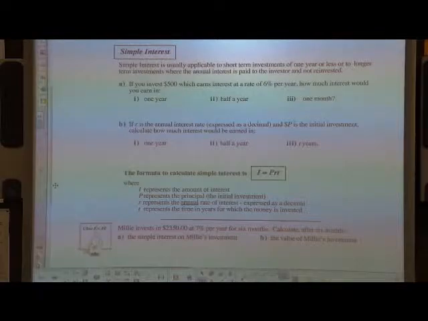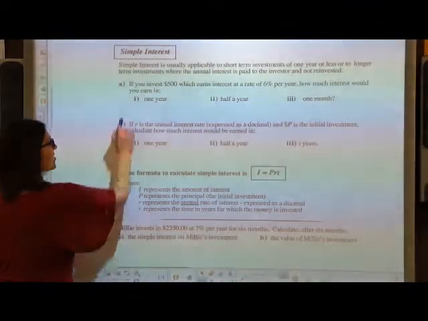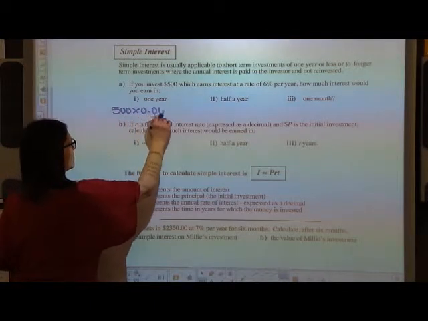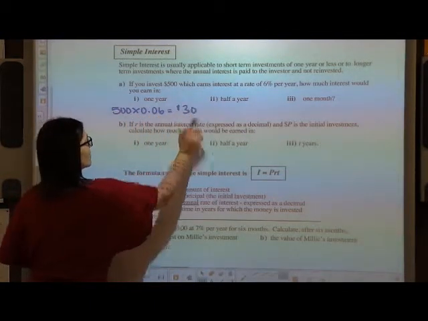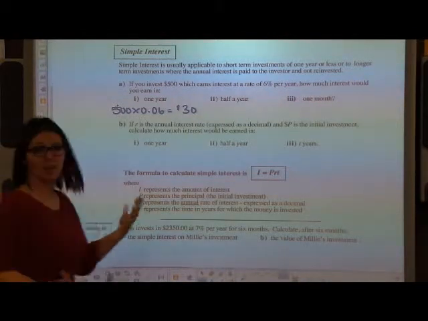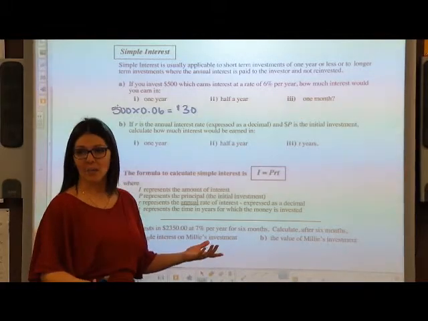What did you get, Rachel? I got $30. And how did you get that? 0.06 times 500. So how much do you think you would earn in half a year? $15, because I'd multiply that by half.